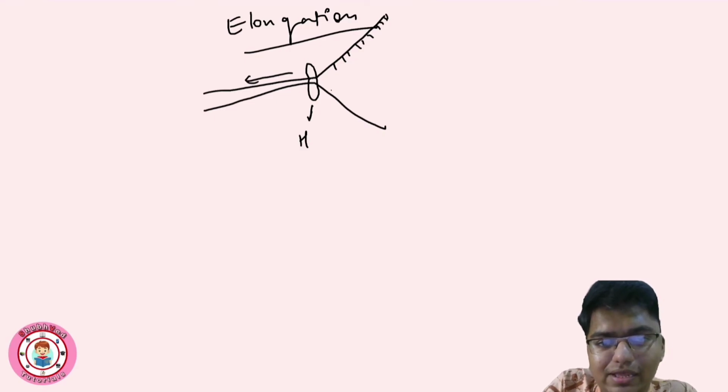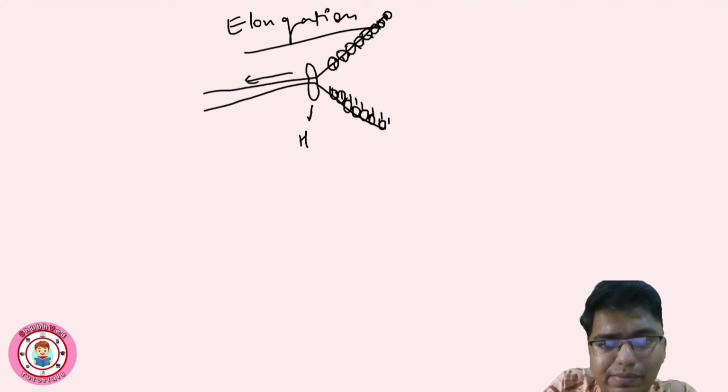As the helicase unwinds the bonds, single strand binding protein also binds here. This is not shown anywhere, but we have to know this. Single strand binding protein binds here to prevent the strands from binding to each other again, so that double strand does not form again.